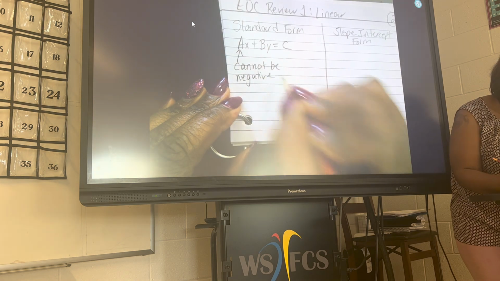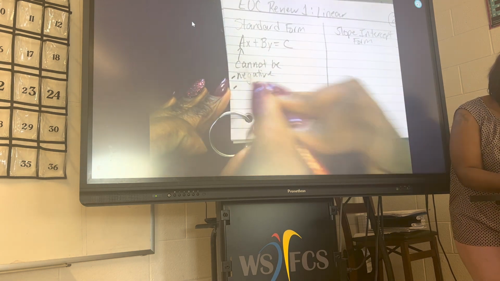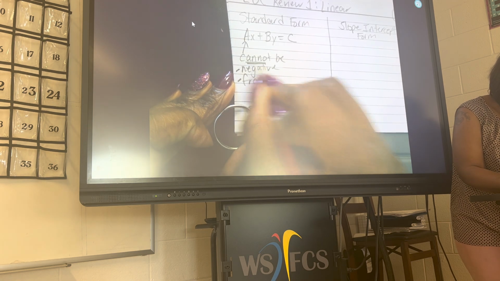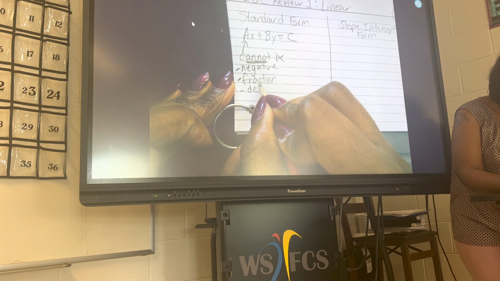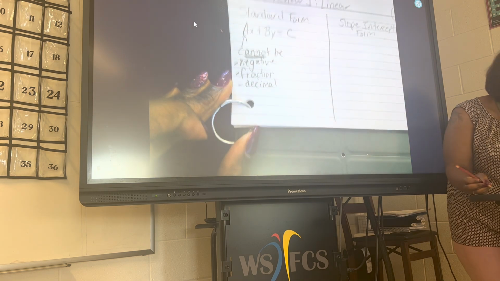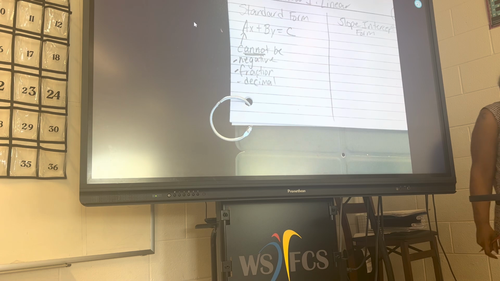It cannot be a fraction. It cannot be a decimal. It has to be a whole number. The other ones, it doesn't matter. They can be negatives, fractions, or decimals. If it's not in standard form, does it mean it's not linear? No, it does not mean that it's not linear. It just means that it's not in standard form. Any questions?